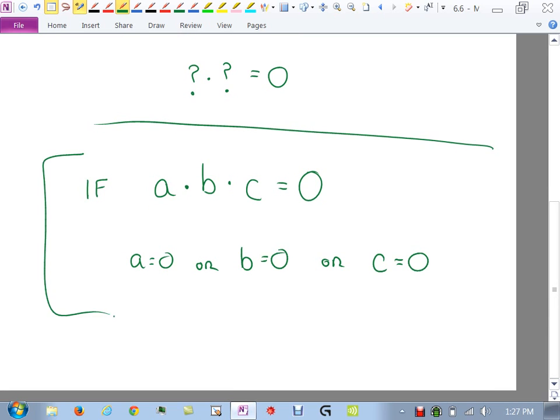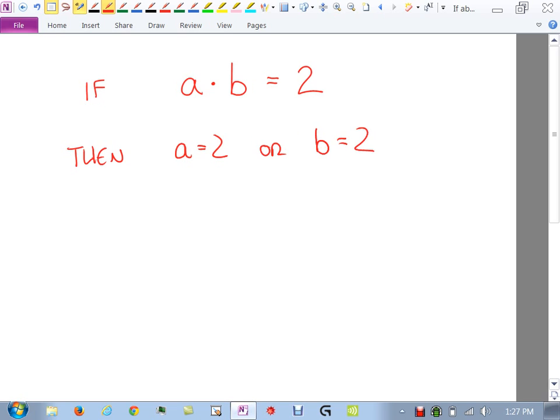Okay, so that's it. Now, here's where people make mistakes with this. Think about this and tell me if you think this is true. If A times B equals, let's say, 2, then does that mean A has to be 2 or B has to be 2?